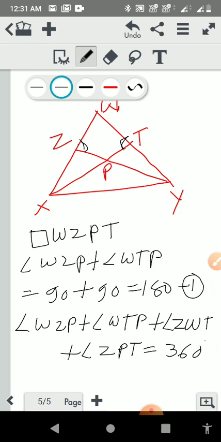If this is a quadrilateral, the total angle is 360 degrees. Out of which, these two angles are 180 degrees as per equation 1.